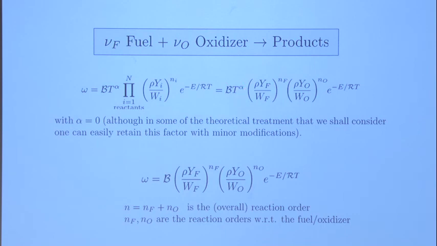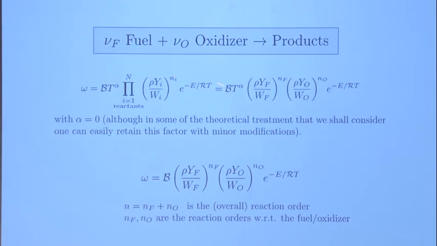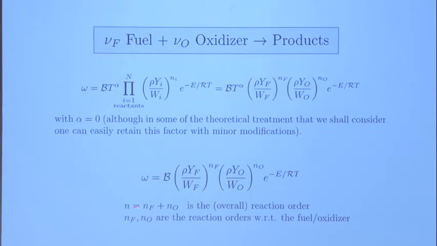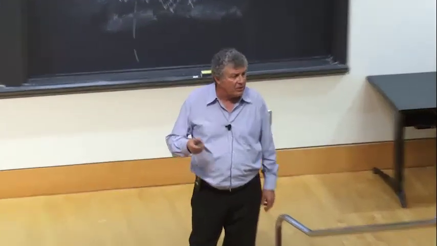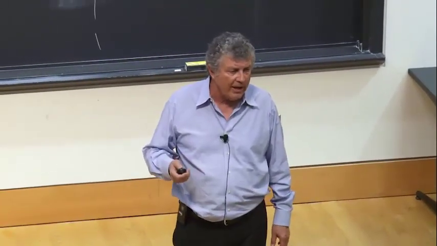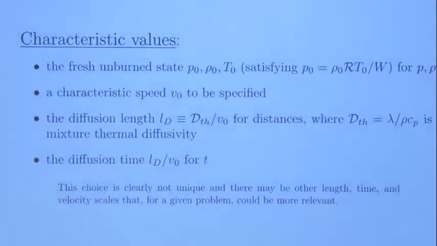But I'm going to also neglect the small variation in temperature and so assume that alpha is 0, so that T to the alpha is 1 and you just have a B. So this is the form of the reaction rate, and n_F and n_O are known as the reaction orders with respect to the fuel and the oxidizer, and the sum of the two is the overall reaction order, denoted by n.